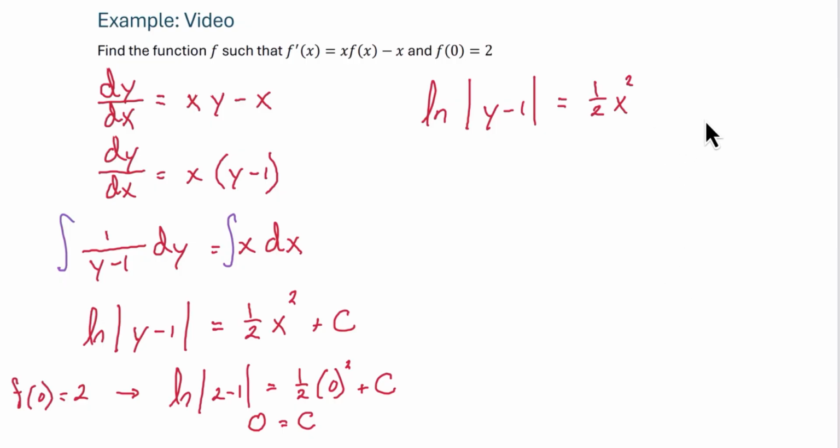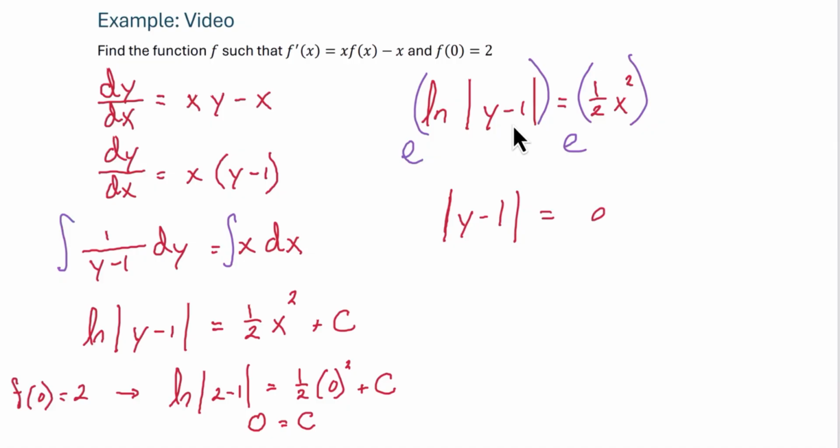Let's see if we can solve this for y. Since y is inside the log, we'll need to exponentiate both sides. So we're going to have e raised to the left side, e raised to the right side. That will allow us to drop down the arguments, and the log is now gone.